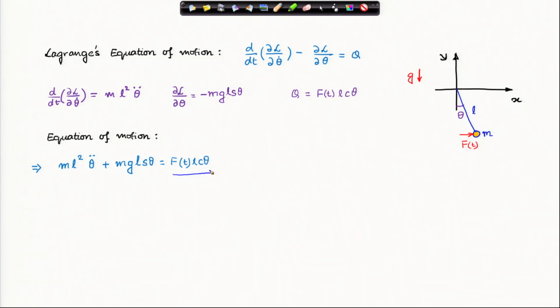F can be a function of time in general. You can have a little more simplification, and that is the equation of the pendulum with a horizontal force.